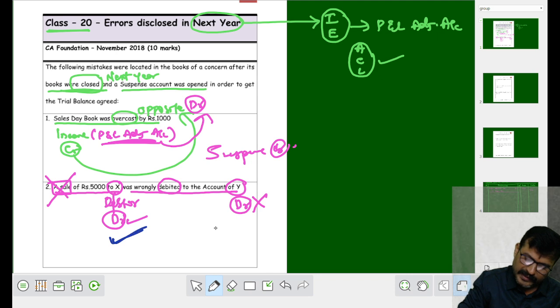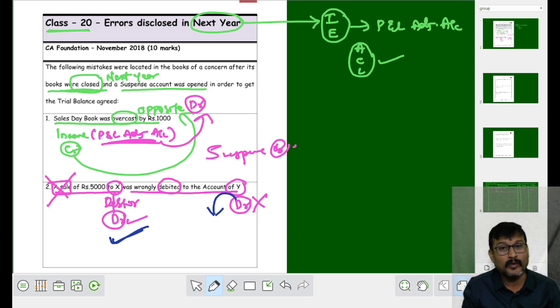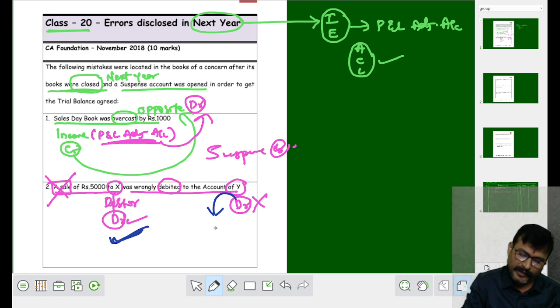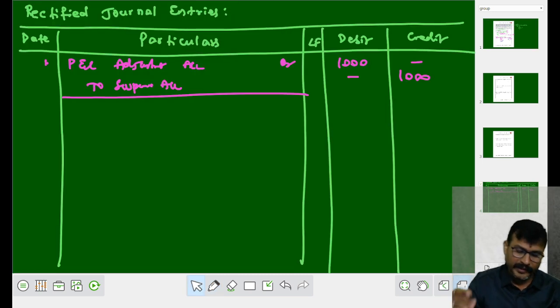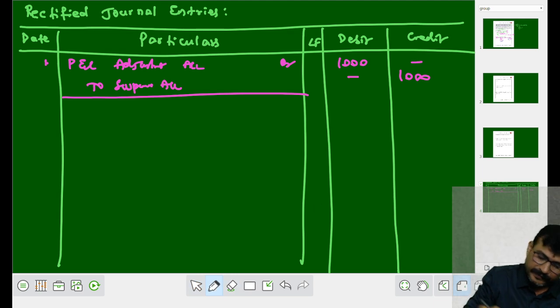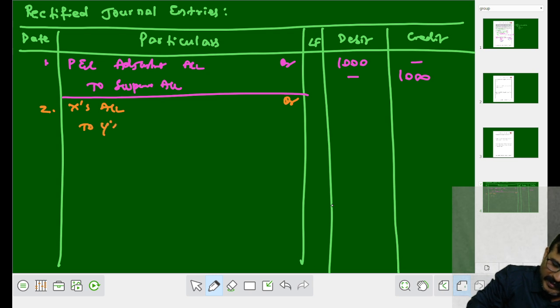Keep the correct in the same place and shift the wrong to the opposite place. Now what will be your entry? X is to be debited, Y is to be credited. Then your journal entry will be: X account debit to Y's account.